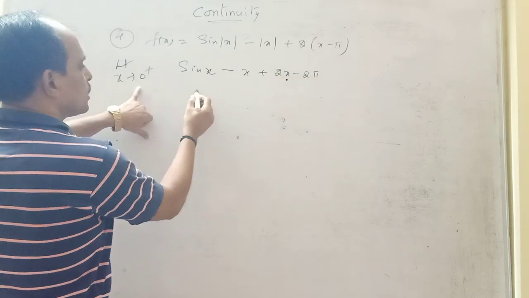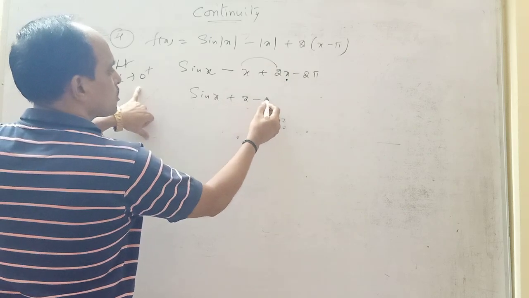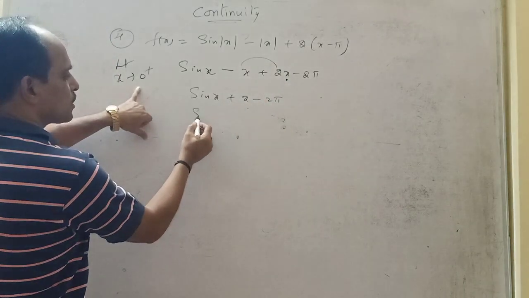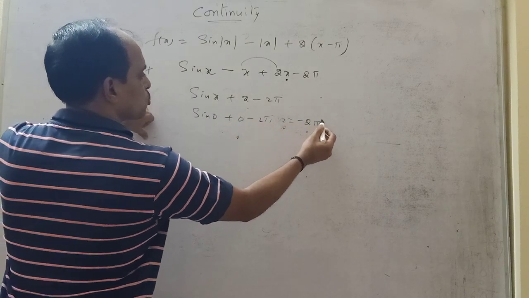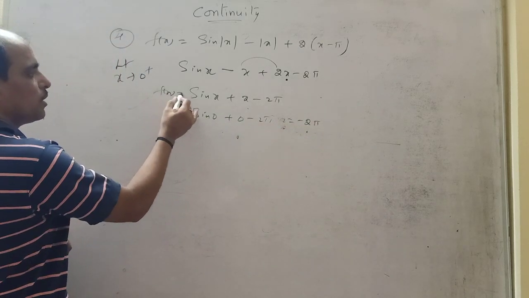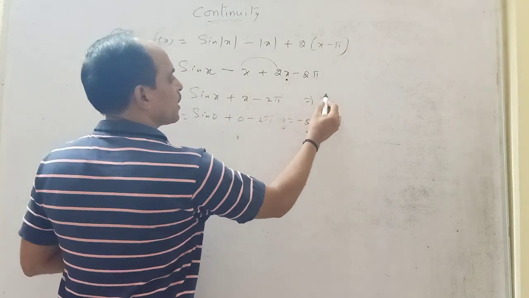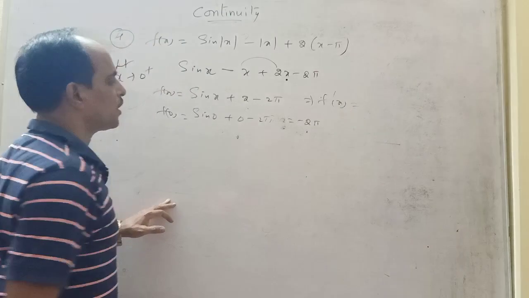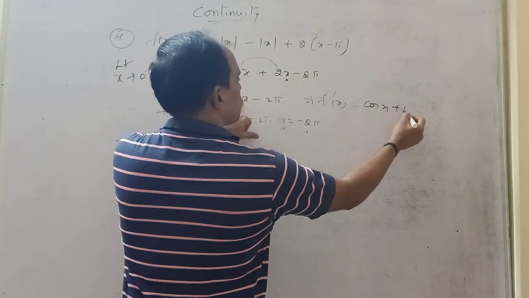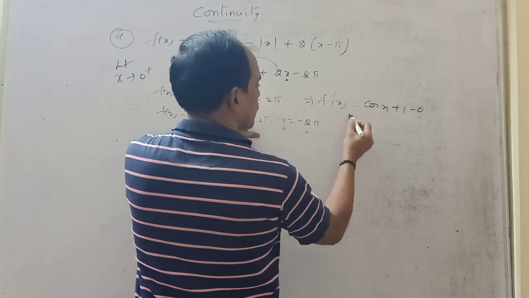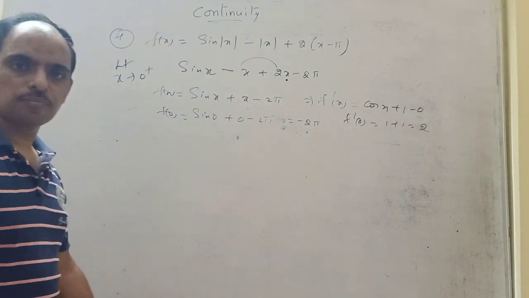So the function is sin x minus x plus 2x, that is sin x plus x minus 2 pi. While substituting 0, we get minus 2 pi. This is f of x and this is f of 0. Then f dash x is cos x plus 1, the derivative of sin x is cos x and the derivative of x is 1. Then f dash of 0 is equal to 1 plus 1, that is equal to 2.